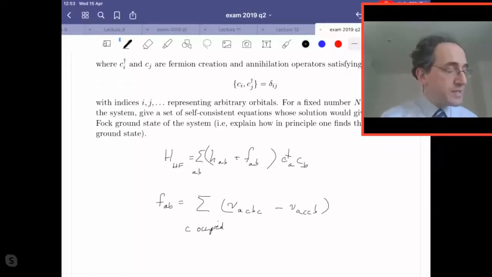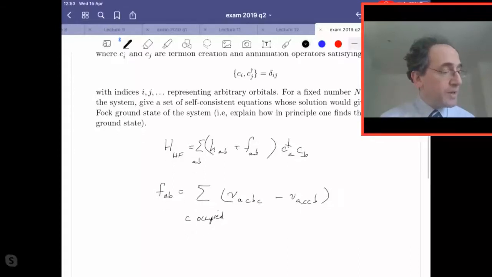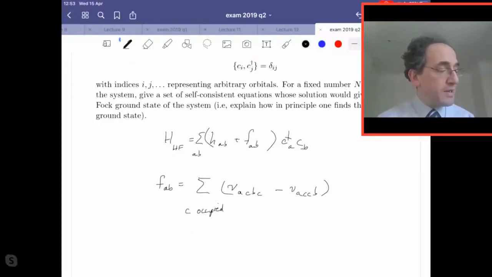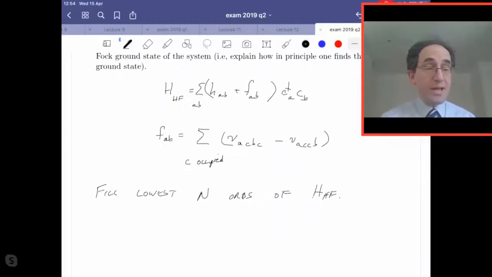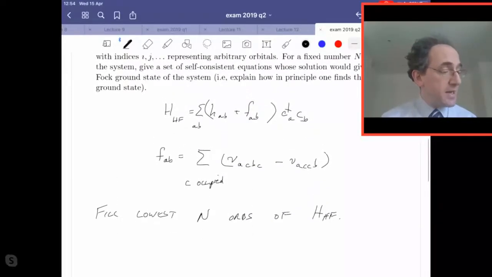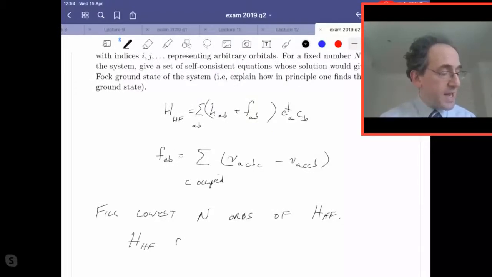So the self-consistent solution of these 2 equations gives you the Hartree-Fock ground state, where you are meant to fill up the lowest n orbitals of H Hartree-Fock. And we know when we have a converged solution because H Hartree-Fock will become diagonal at the solution.